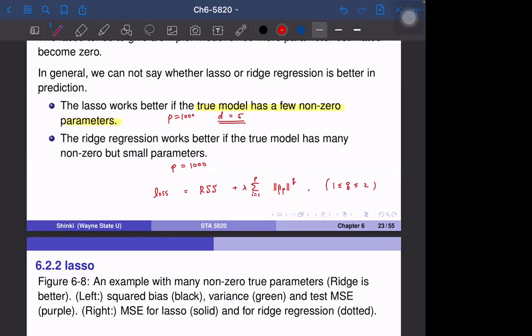Another textbook, probably Elements of Statistical Learning by the same authors, discusses this case, but practically it's not really useful. Suppose Q is 1.3 gives a better model.